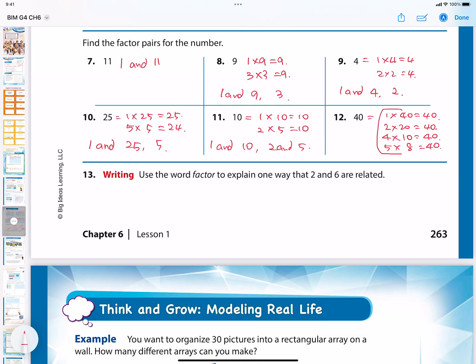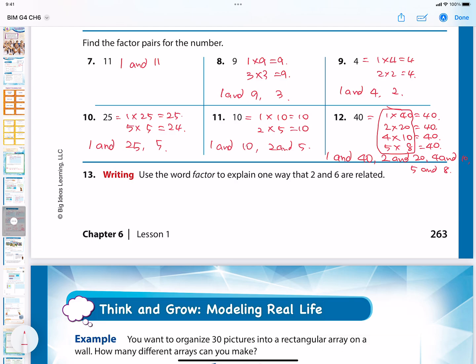So these are what? Pairs. So I can say 1 and 40, 2 and 20, 4 and 10, and 5 and 8. Okay, so four pairs.